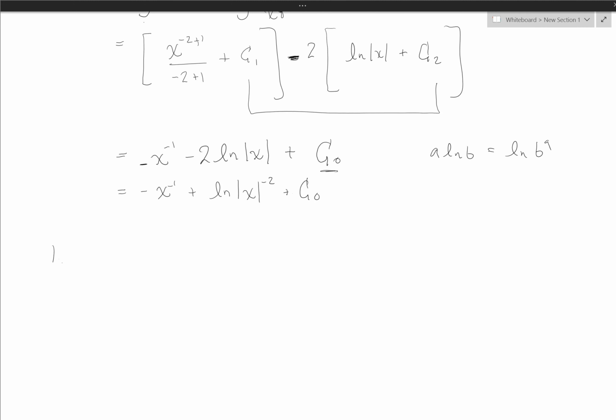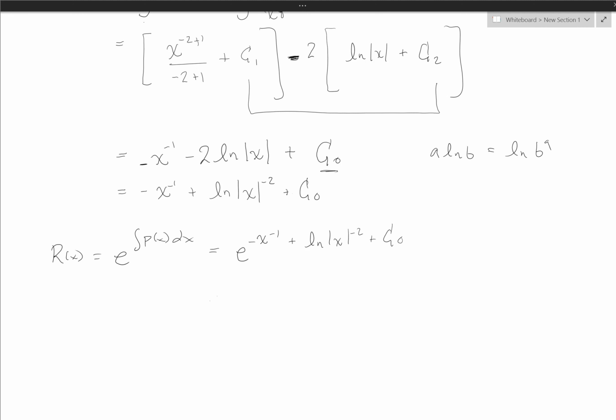So r of x is equal to e to the integral of px dx, which becomes e to the negative x to the negative 1 plus ln x to the negative 2 plus some constant c naught, which we're going to eventually get rid of.